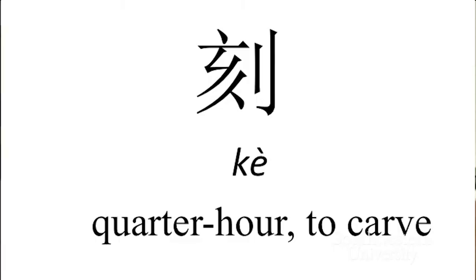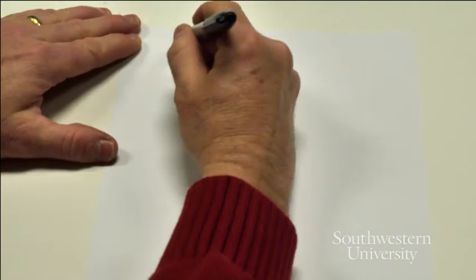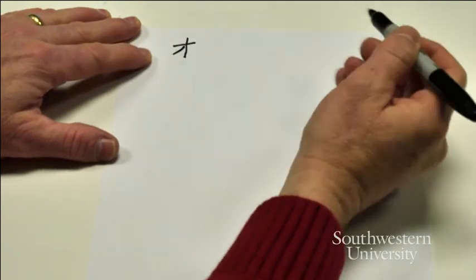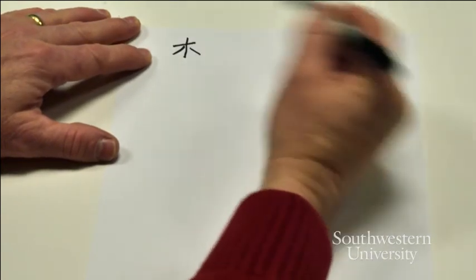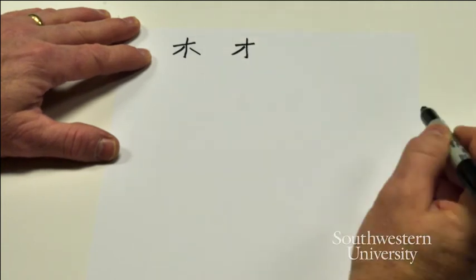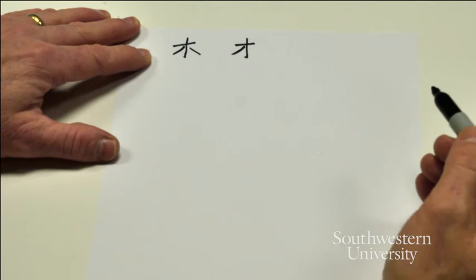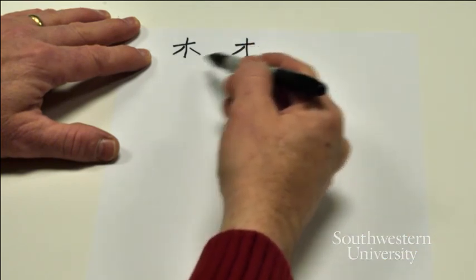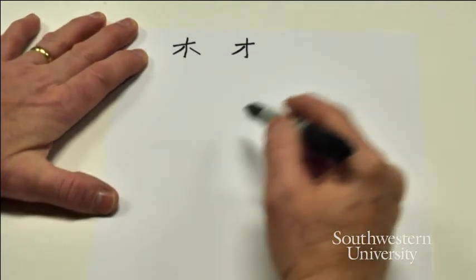The next character, cai, the origins of it are unknown. Some people speculate that it is half of a tree. So mu is this way. If you only show half of it, that's that. So that might help you remember it. It's not as much as the full thing. It's lacking something later than expected, not until.